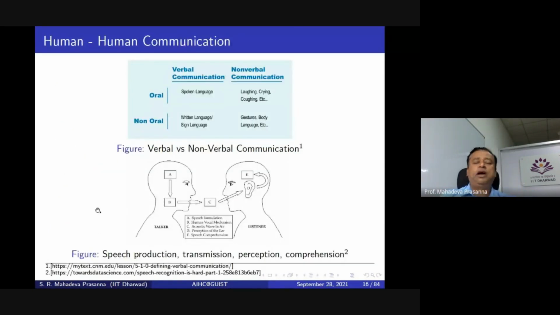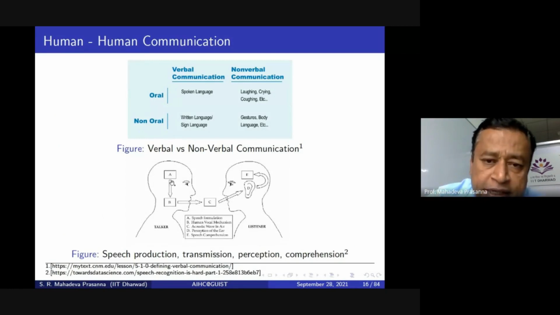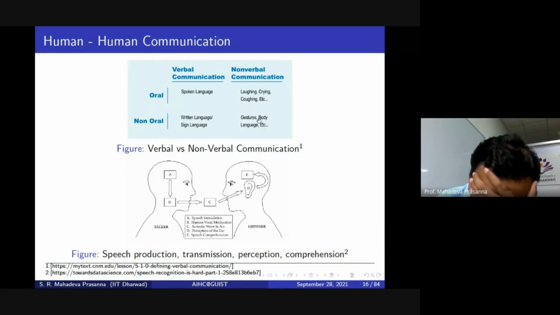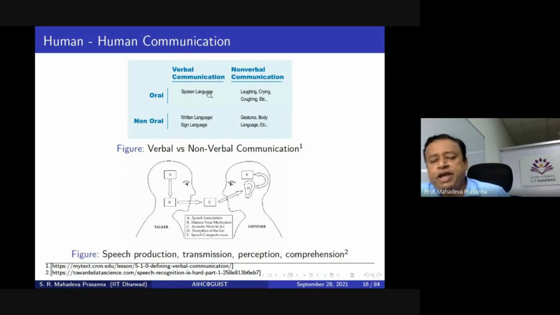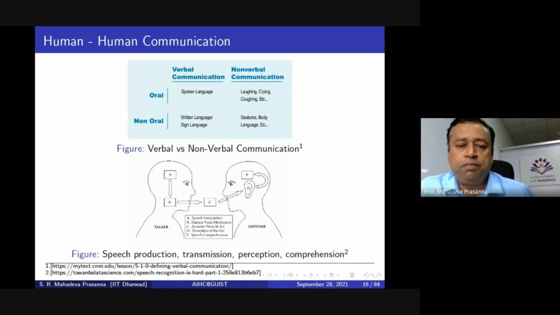Now let me consider different parts of human-human communication. It can be oral, and further oral can be verbal communication or non-verbal communication. In verbal communication, we have spoken language backing the generation process.